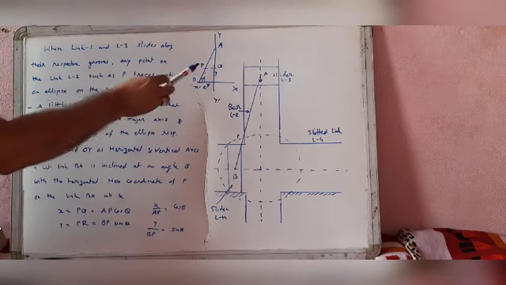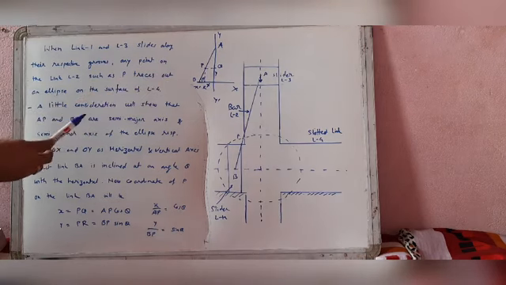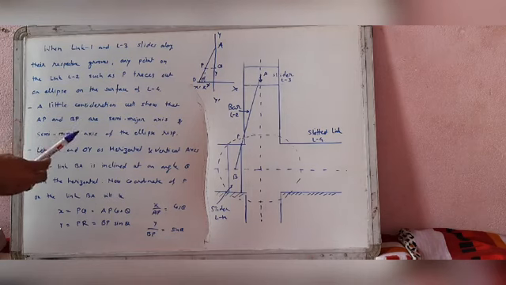AP and BP are the semi-major and semi-minor axis of the ellipse respectively.